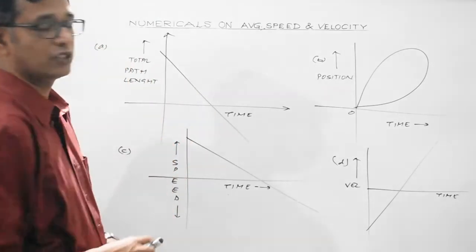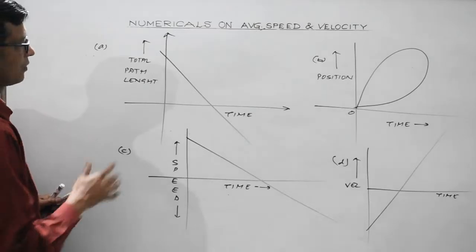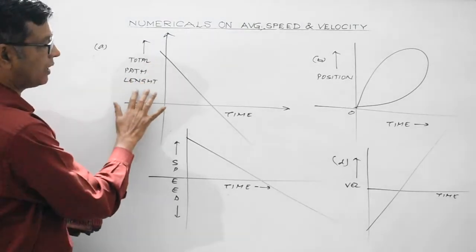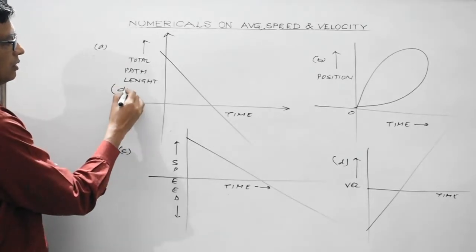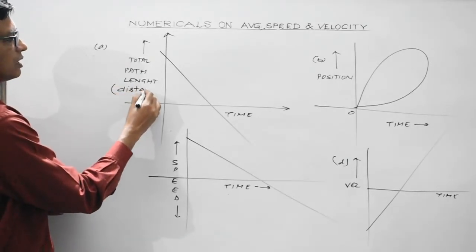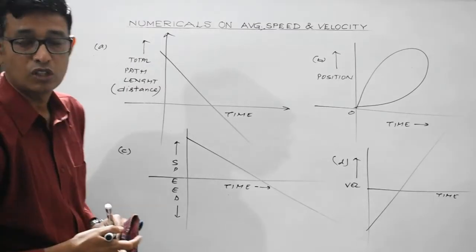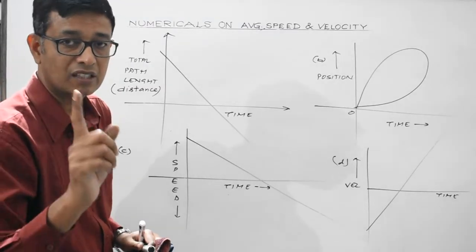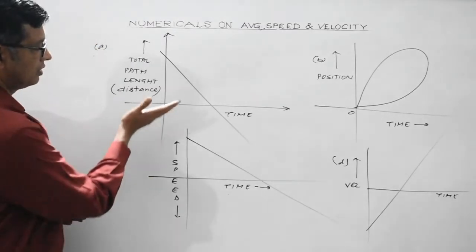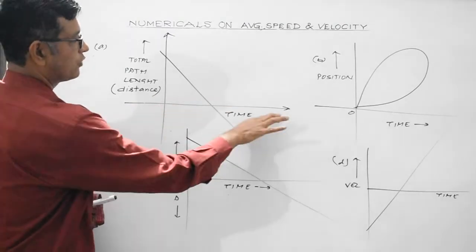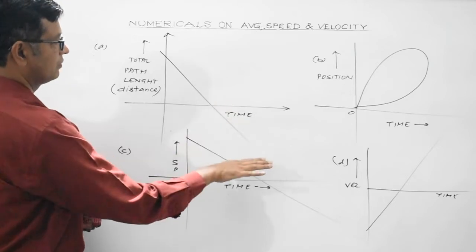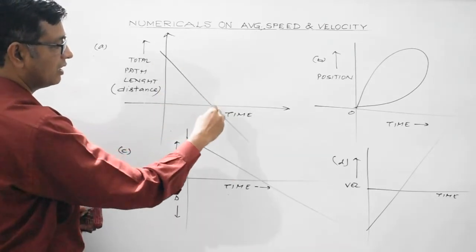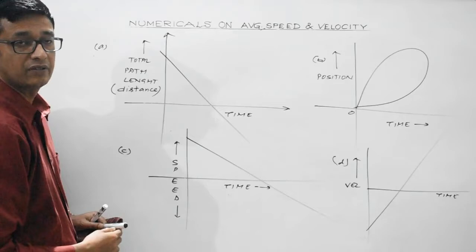Let's discuss the first one, right? First graph is between total path length and time. Total path length is what? It gives a measure of distance covered by the body. Now look, in this quadrant, with the passage of time, this is okay. But in this case, the path length is decreasing and then it becomes negative.